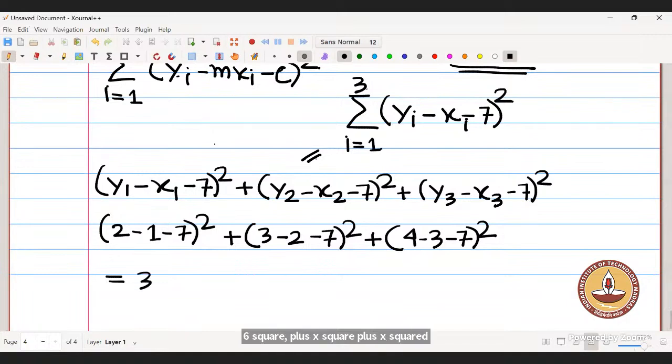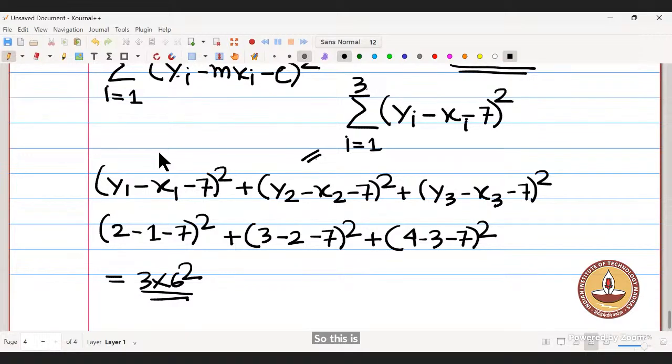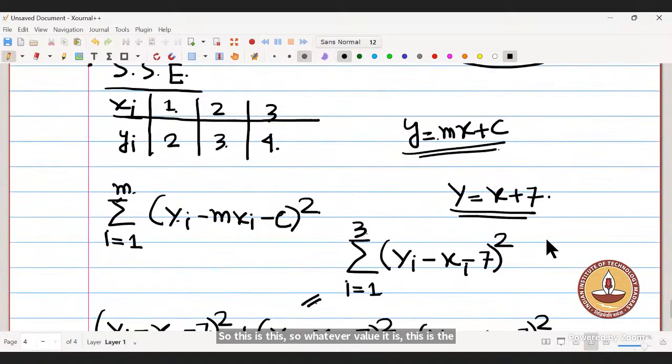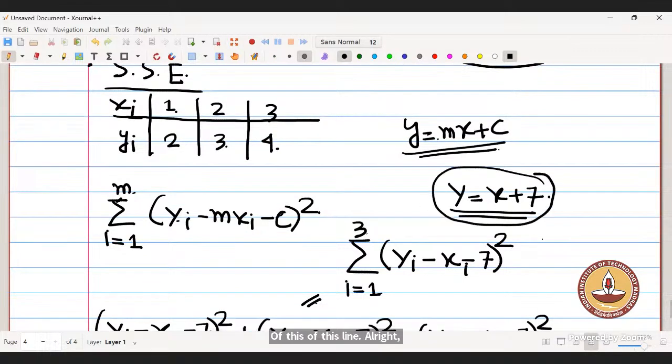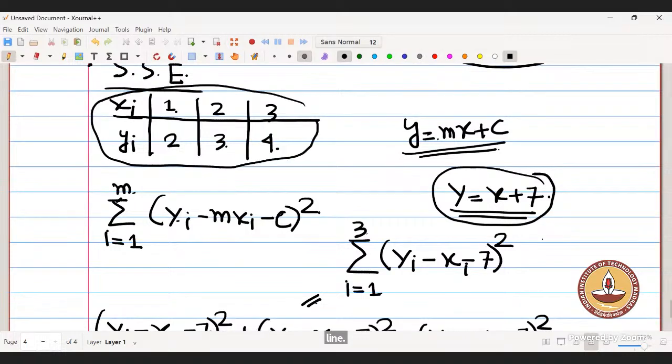So 3 times 6 square, right? So whatever value it is, this is the SSE of this line, the sum square error of this line with respect to this given data, right?